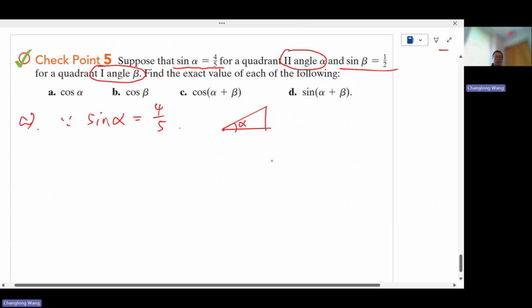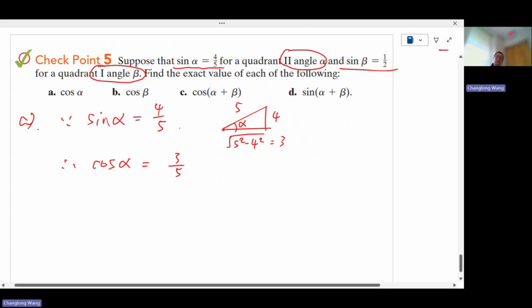Given sine, 4/5. So opposite is 4, right? Hypotenuse 5, and the adjacent side will be square root of 5 squared minus 4 squared, right? Which is 3, right? But in general, we have to do that. But in this case, 3, 4, 5, right? It's just a very special Pythagorean triplet. So therefore, if you're looking for cosine alpha, it will be adjacent by hypotenuse, 3/5.